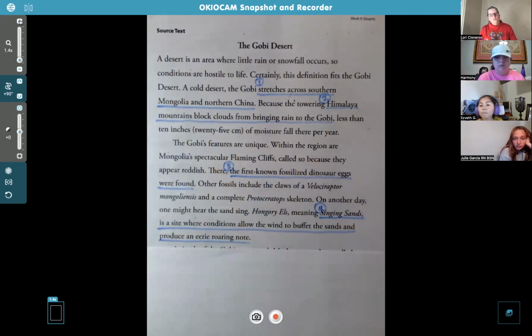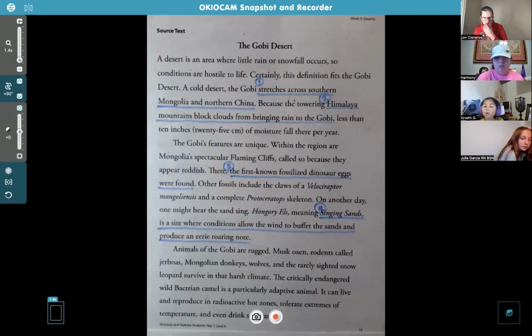But that's what you do. You go through and go, yeah, that's kind of interesting, but oh yeah, that's really interesting about the singing eerie sounds that the sand actually sings. I mean, that's kind of cool. So I agree. So when you're looking for facts, that's what you're doing. You're trying to find the things that are interesting to you.